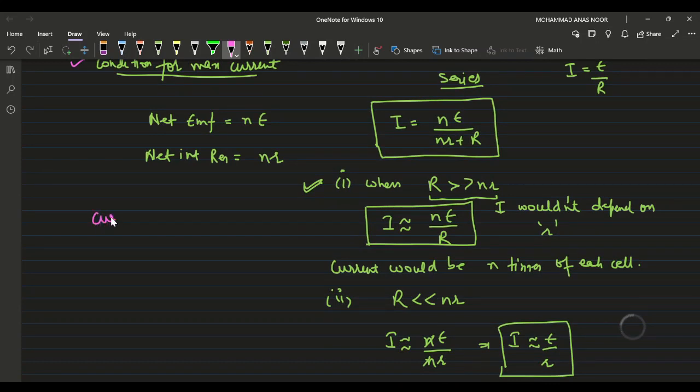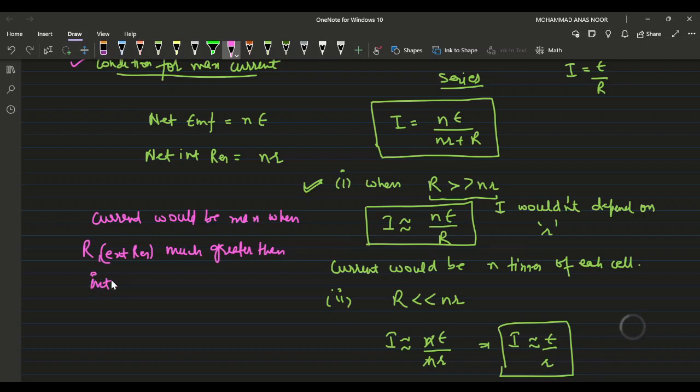So the current would be maximum when R, the external resistance, is much greater than the internal resistance of all cells.